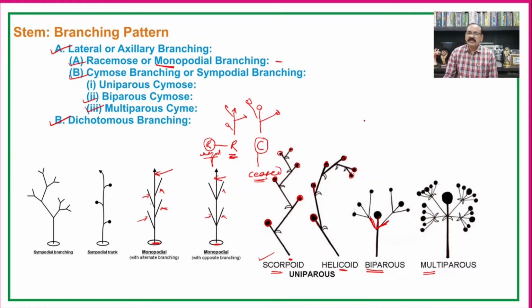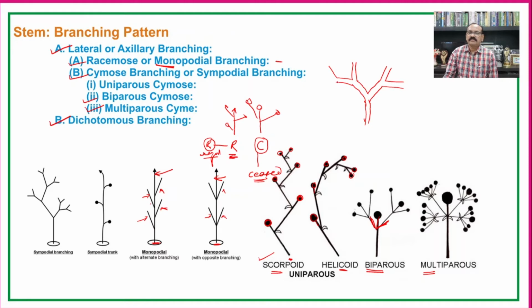So in this manner, the branch grows by certain cells present at the apex, maybe one or a group of cells, which later bifurcate into two, and this continues, so that such a branching pattern is formed.